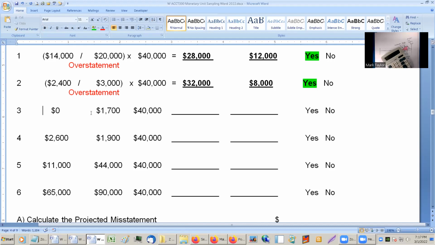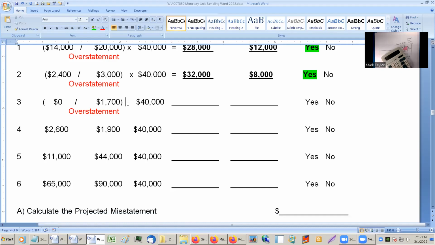This one can kind of throw people a little bit. But notice that it really is just another overstatement, right? They say it's 1,700, we say it's worth 0. 0 times anything is 0.